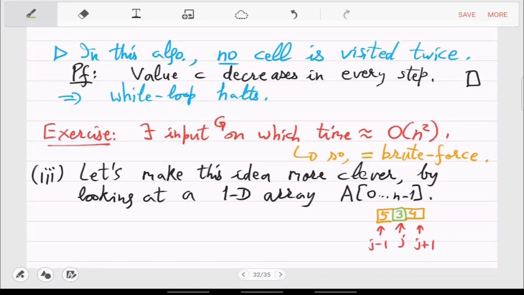In the case of a 1D array, there is either only one neighbor or two, or it can be 0 if you have a single element. So the neighbors can be 0, 1, 2. Generally it is 2, and so again you can talk about a local minima, a green cell which is locally smaller than the two adjacent ones.